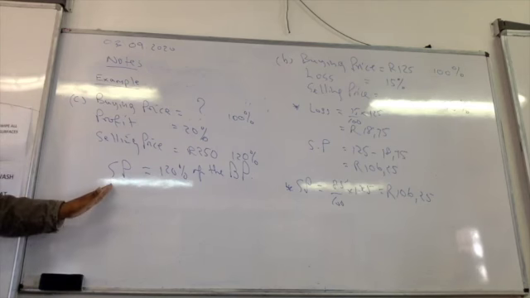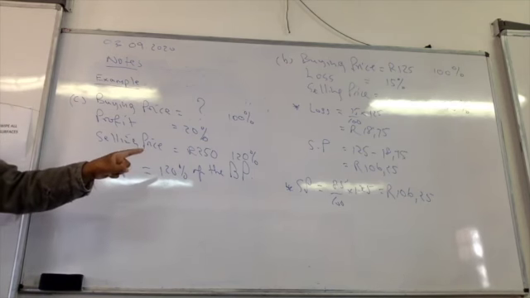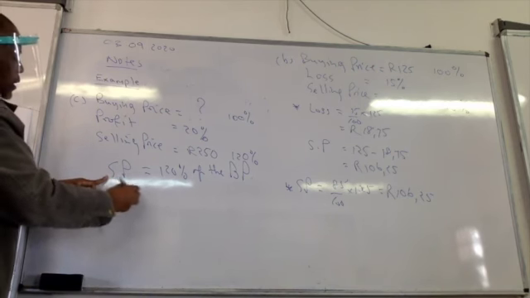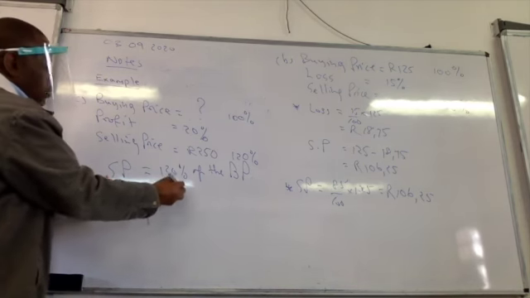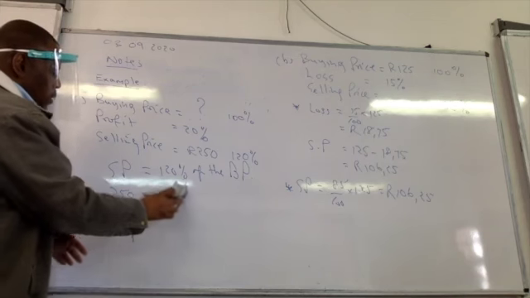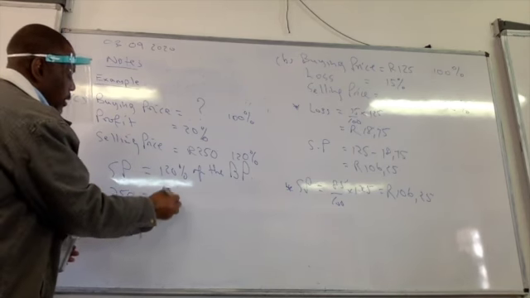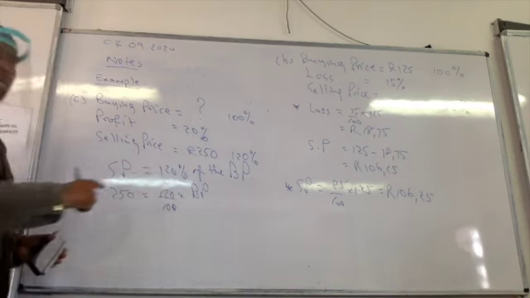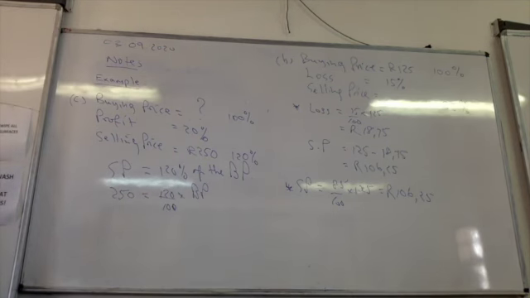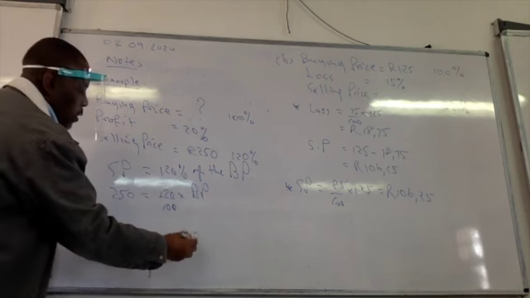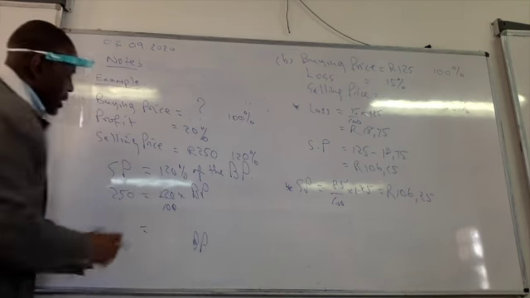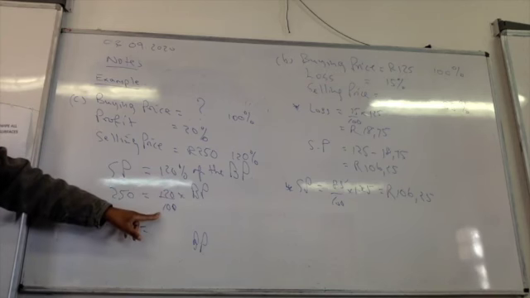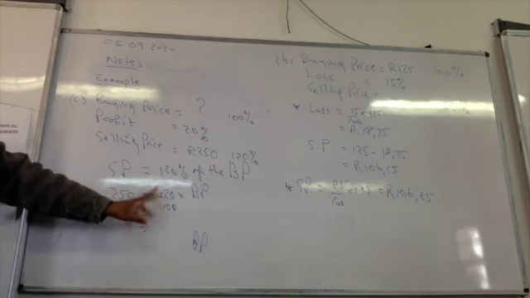Then you substitute: the selling price we know is 250, and we want 120% of the buying price. Now you can solve that equation, rearrange, and get the buying price. To get the buying price, I need to divide by 120 over 100. What is 120 over 100?